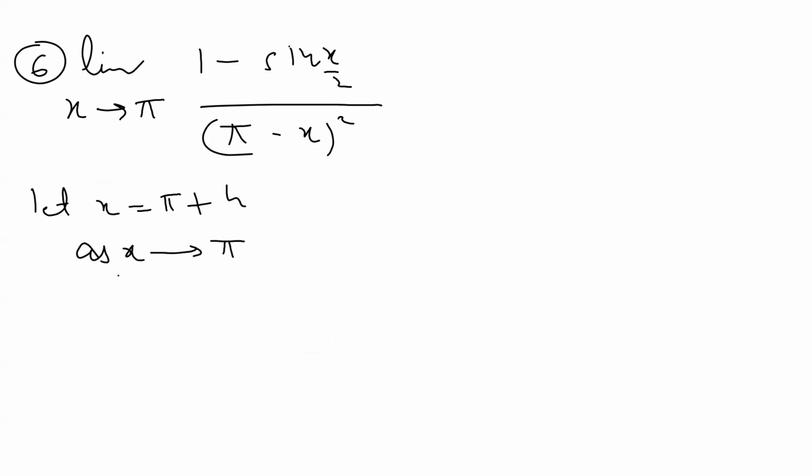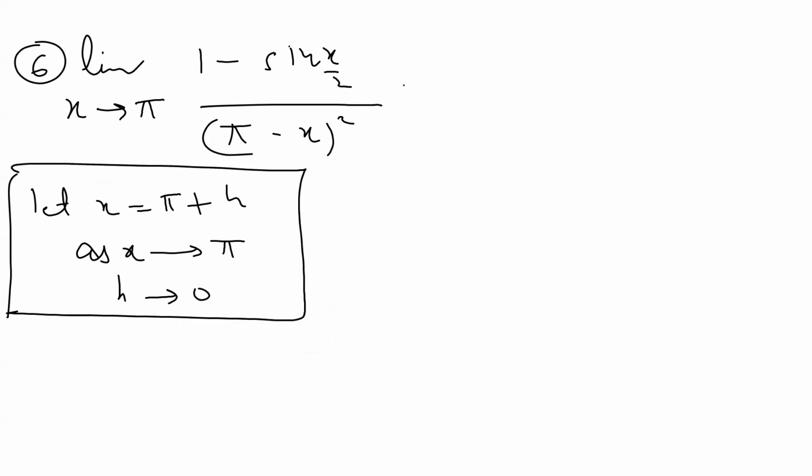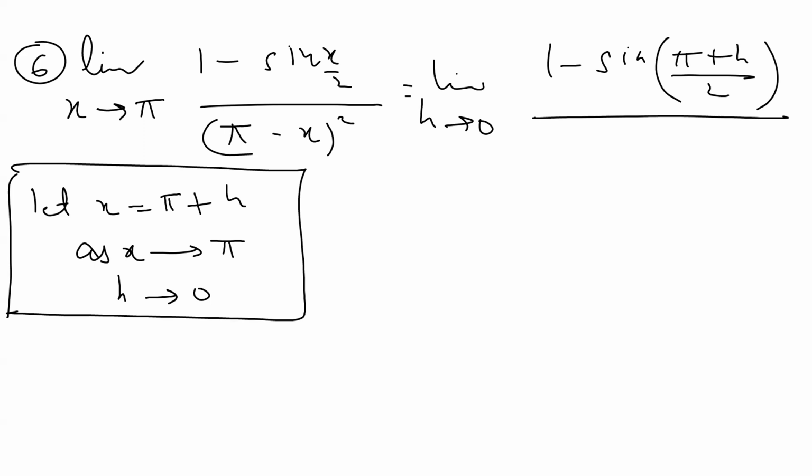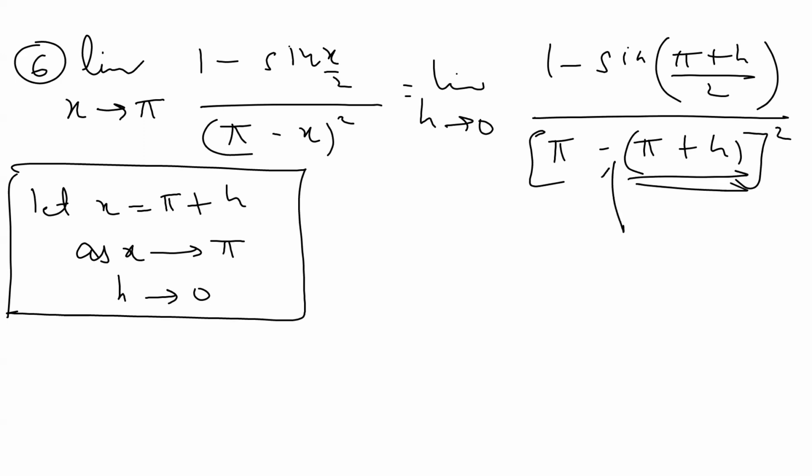As x approaches pi, h will approach 0. 1 minus sine of pi plus h upon 2, upon pi minus pi plus h the whole square. See, every time I'm putting a bracket because there is a minus sign. And I've seen in exams and tests, such kind of things you people don't do, which can lead to some errors.